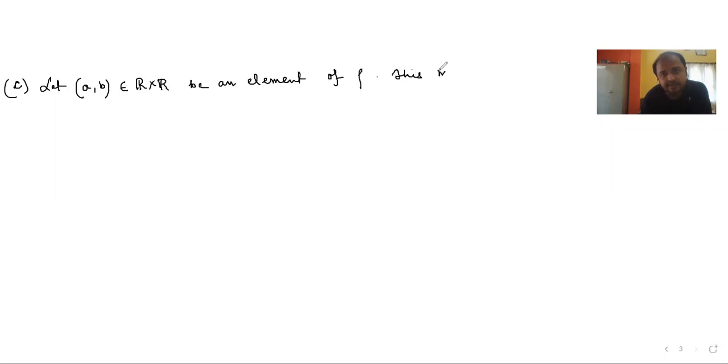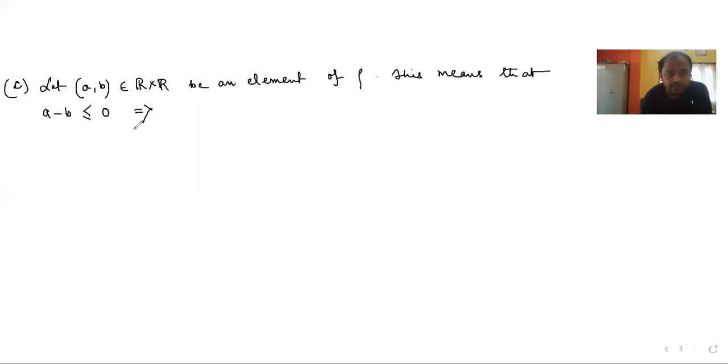Now let us check the property of symmetricity. Let (A, B) belonging to R cross R be an element of rho. This means that A minus B is less than or equal to 0.